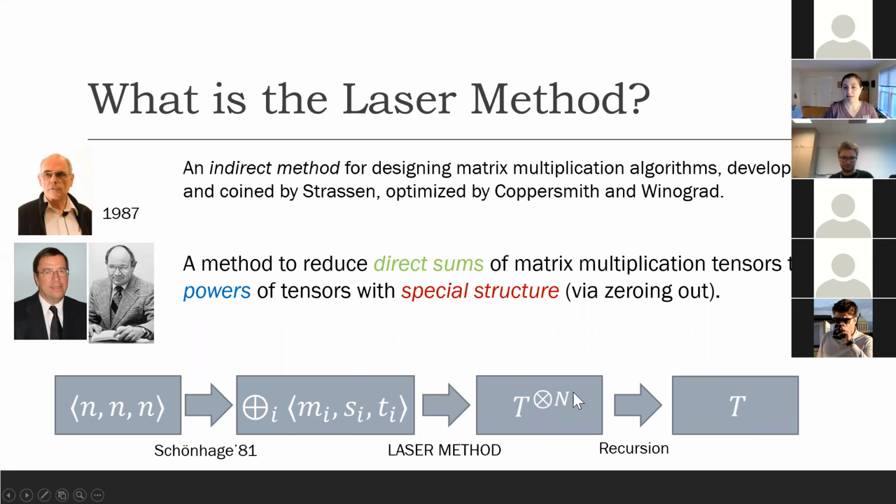And then finally, the laser method relates these two. It reduces computing this sort of problem to computing the nth power of some tensor, but the tensor T has to have special structure. So I'm going to look at this first, then this, and then finally this part.